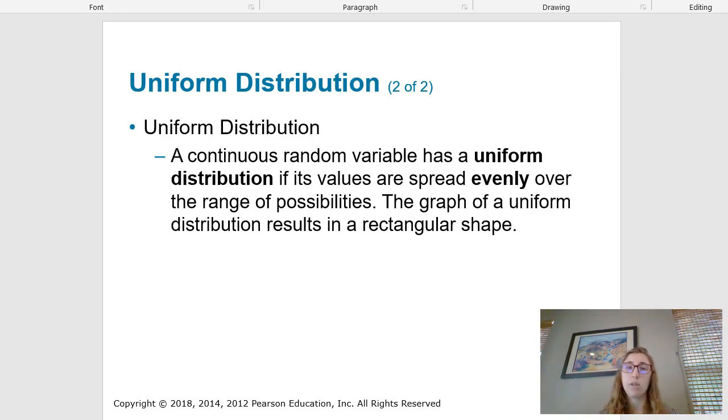So all of those are examples of our continuous random variables. And those create a uniform distribution if for all of the possible values, the probability is going to be the same.